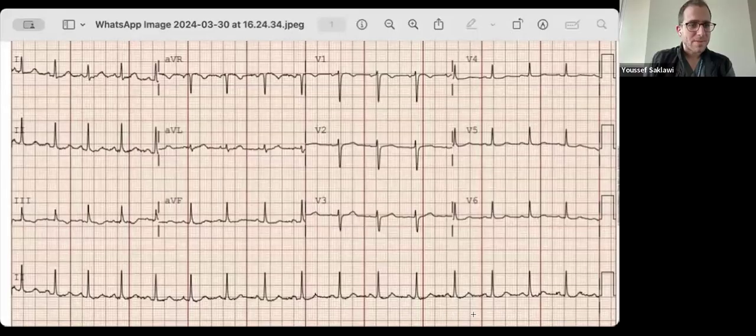And this is the EKG. If you see any abnormalities, you can put them in the chat as well. Yeah, exactly.